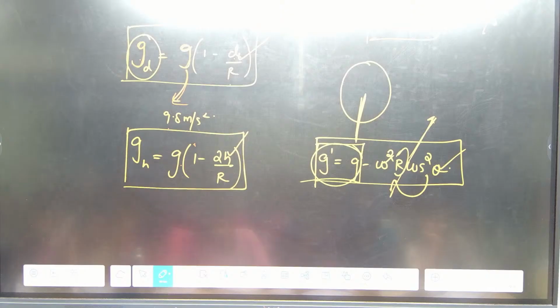First point, it is defined as gravitational force acting per unit mass.